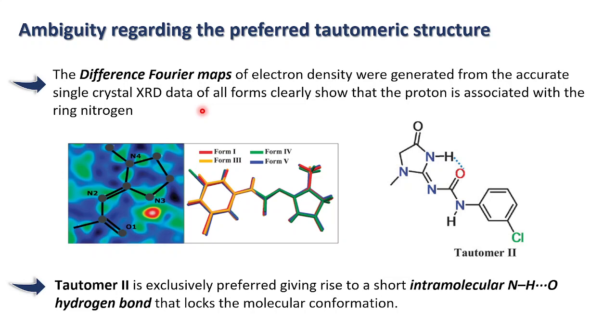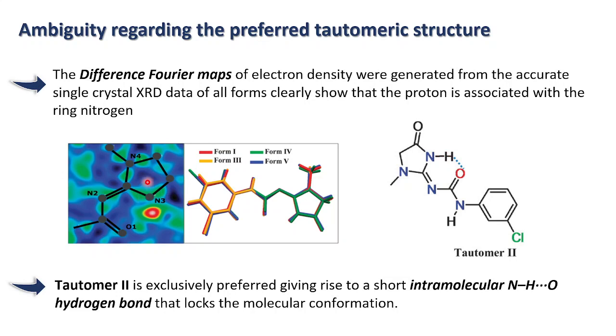You can see here, this is the difference Fourier map, and from the difference Fourier maps of all the forms, it clearly shows that the proton is associated with the ring nitrogen.